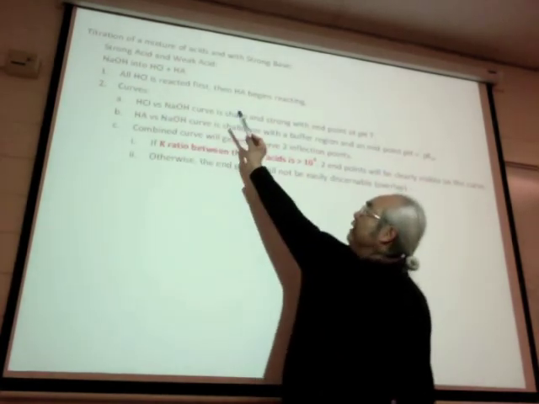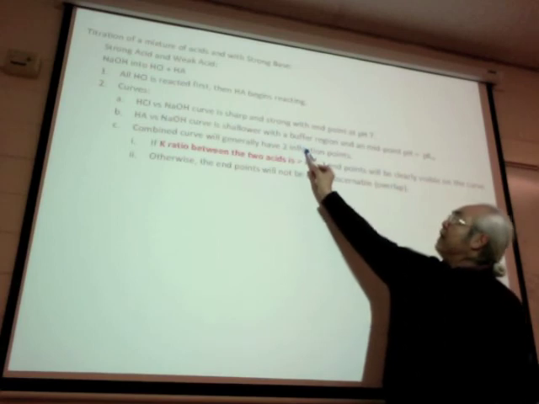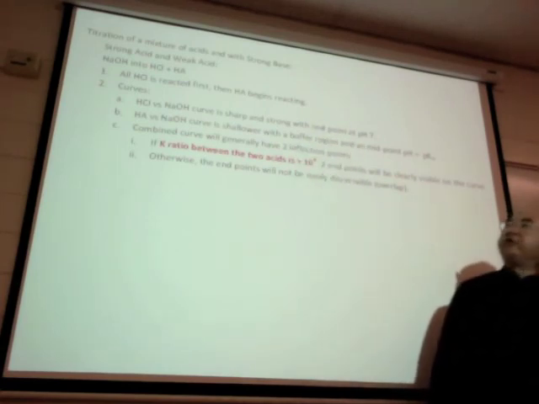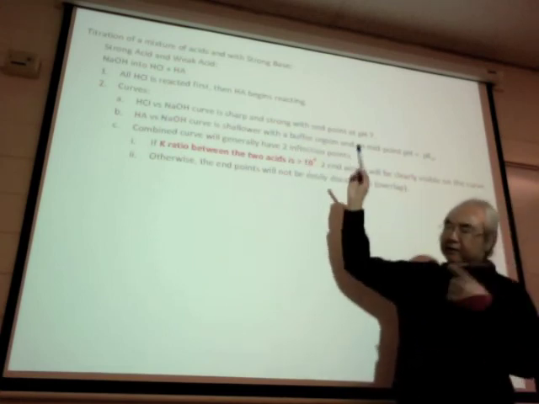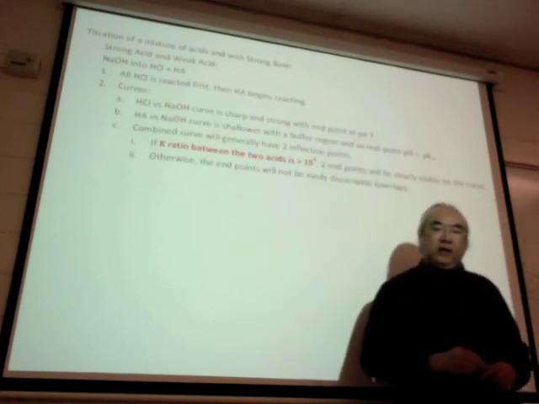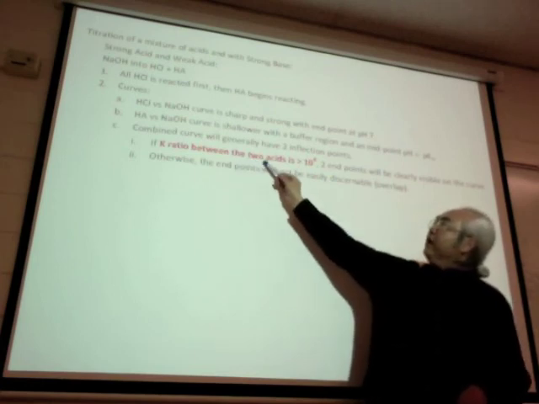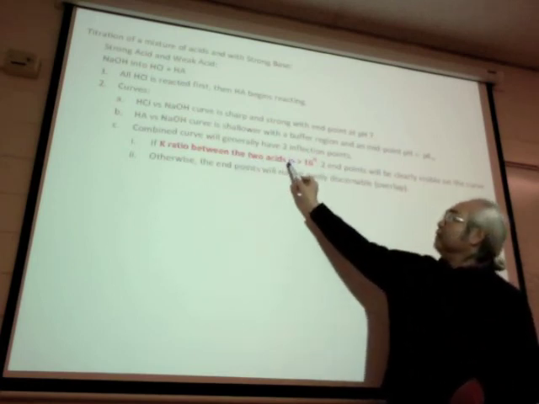Okay, now combined in a mixture, you're going to have, in this case, two endpoints, with the starting pH intermediate between the two. Okay, how do you know it's going to have two endpoints? This is important.